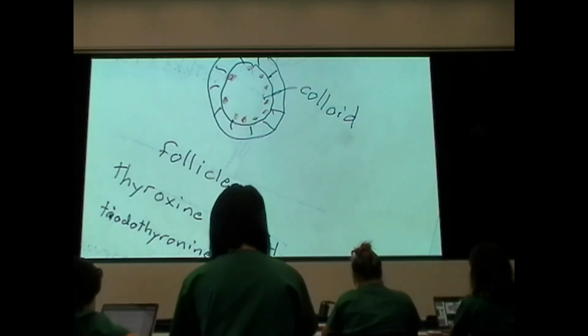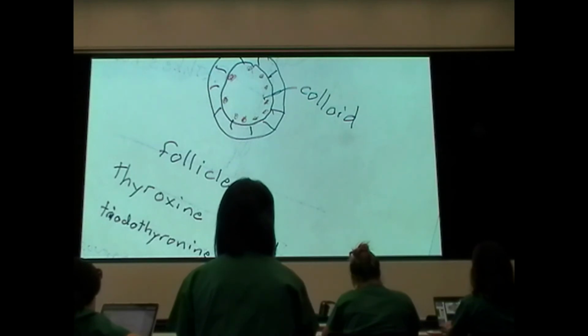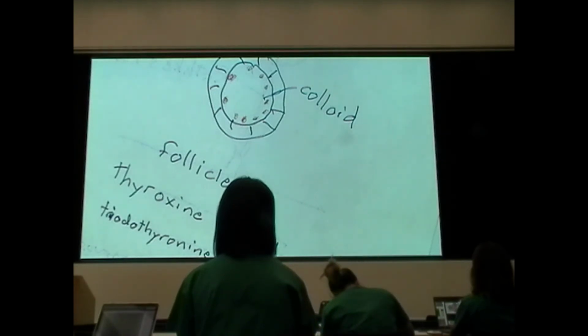And then this hormone gets released into the connective tissue, hence into the blood vessels, circulates throughout the body. Thyroid hormone has a number of effects in the body. Probably the most important one is that it tends to control the rates of metabolism in the body.